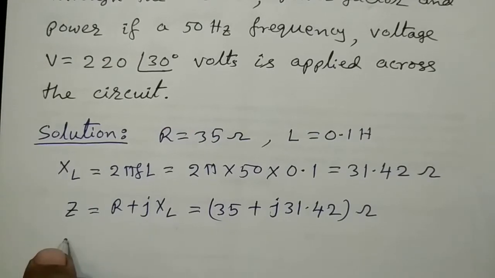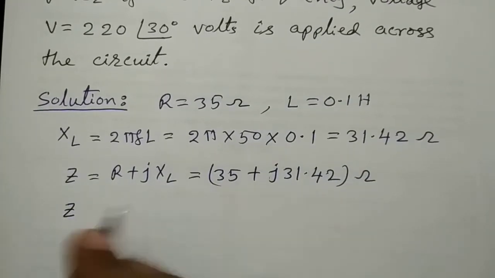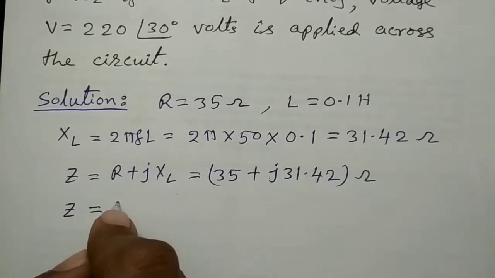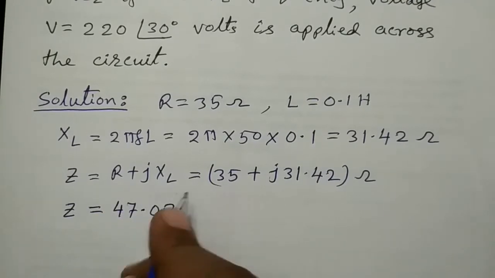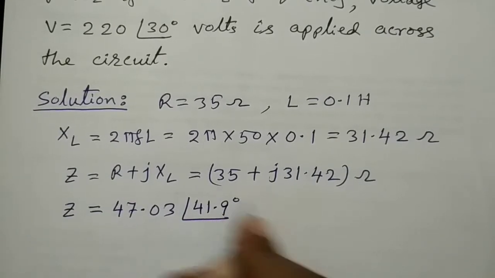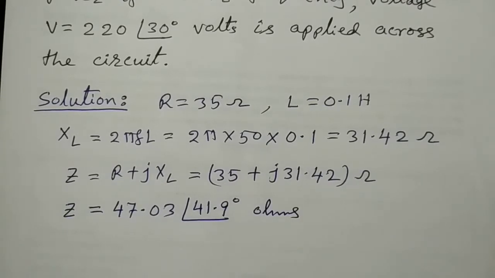Now if we convert the impedance from rectangular to polar format using a calculator, we get the magnitude of the impedance as 47.03 and the angle as 41.9 degree ohms. We have already seen in a previous lecture how to convert from rectangular to polar or polar to rectangular using a calculator.